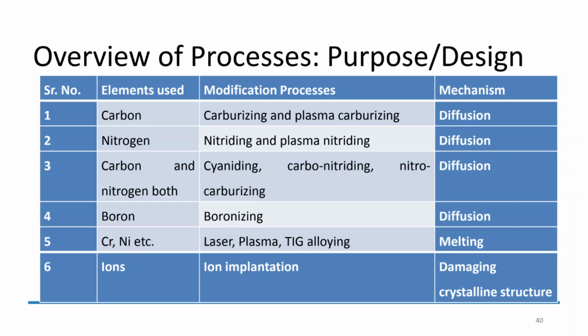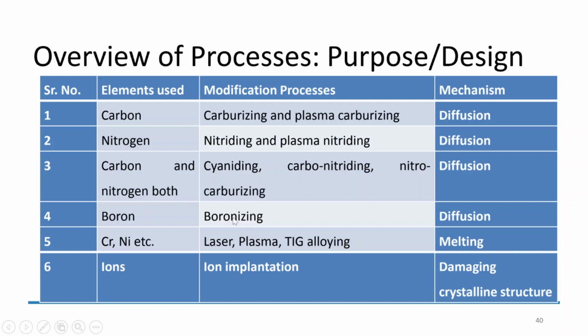Now these are various processes and which elements they use. In carburizing and plasma carburizing, they both use carbon and the mechanism is diffusion. Then we have nitriding and plasma nitriding, they use the nitrogen element and use diffusion. Then we have cyaniding, carbonitriding and nitrocarburizing, which use carbon and nitrogen both and have a diffusion process.